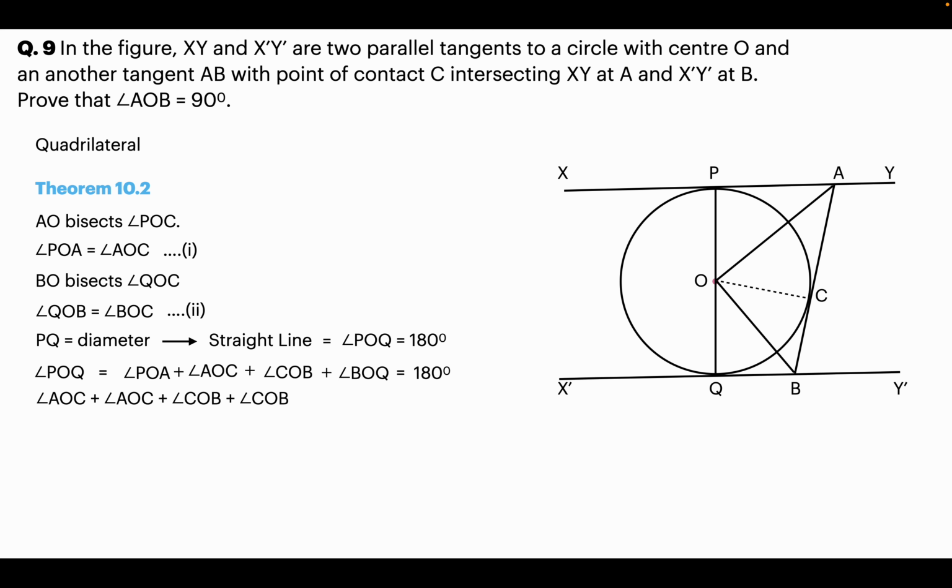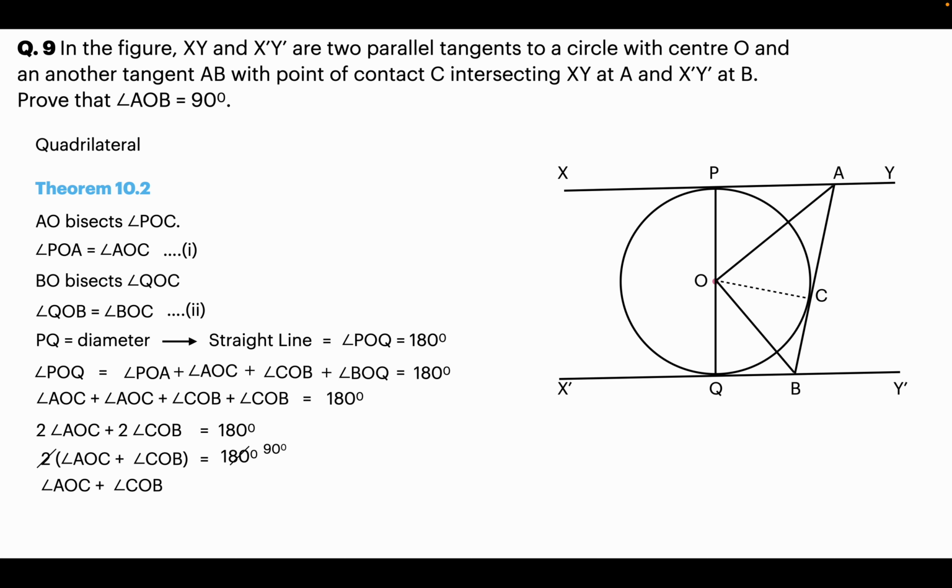Then I replace BOQ with angle COB, which gives 180 degrees. Then it's twice the angle AOC plus twice the angle COB is equal to 180 degrees, and I take the 2 out. It's angle AOC plus angle COB is 180 degrees. Then I divide both sides by 2, and it becomes 90 degrees.